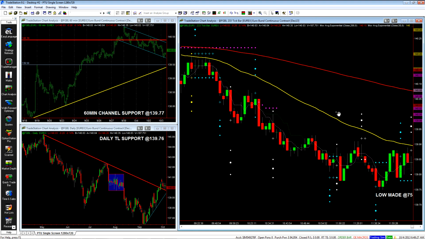Now normally we wouldn't take these against the EMA, but in this case it was very acceptable given the context that we'd have tested this support line on the daily and the 60-minute, and we'd tested it twice and we'd rejected it already.